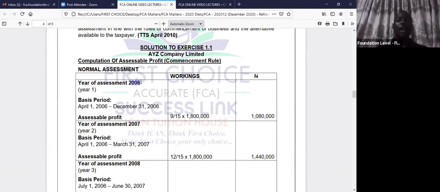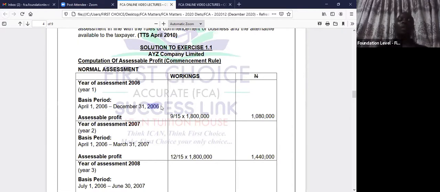The first year is assessed from the date the business commenced up to 31st December of that same year. We call it actual year basis. How will you know actual year basis? You look at the year of assessment, it is 2006. The first date in the period is also 2006. The last date in the period, all of them are in the same year.